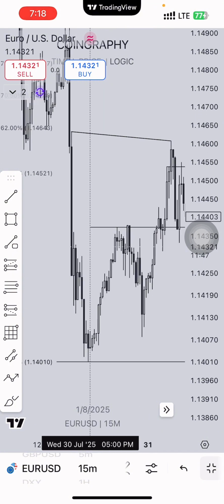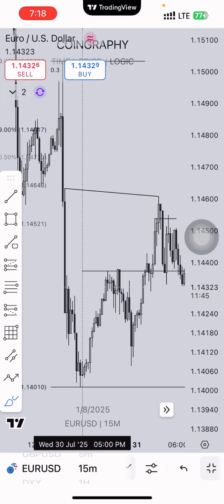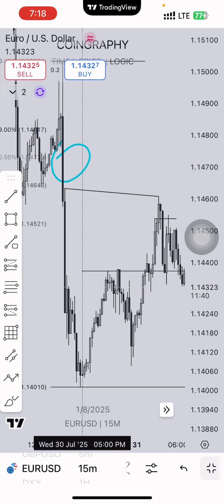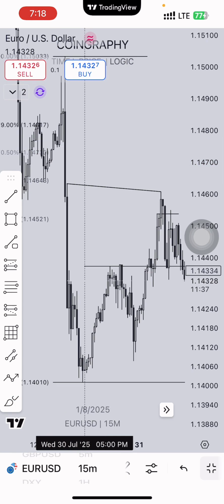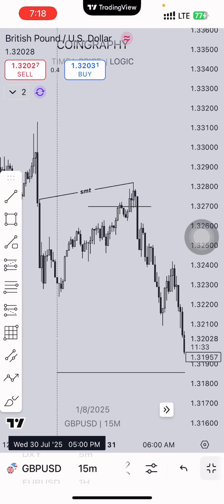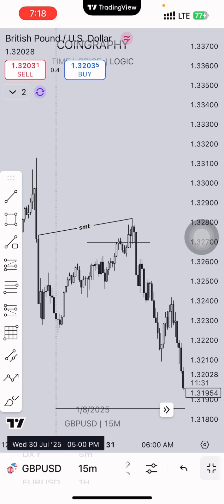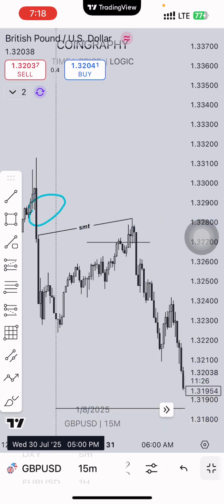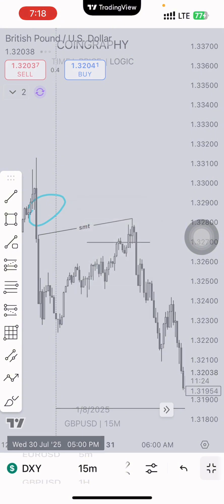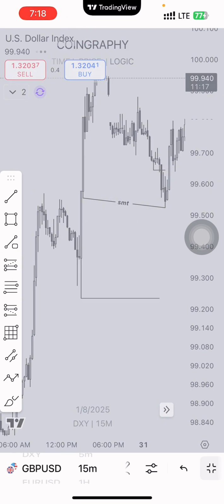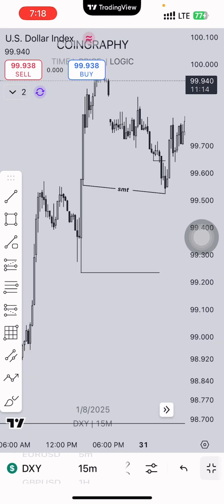Now mind you, we also have this fair value gap on the 15 minute time frame that price did not tap into. Meanwhile, GU and DXY tapped into that key level, which makes it an SMT.